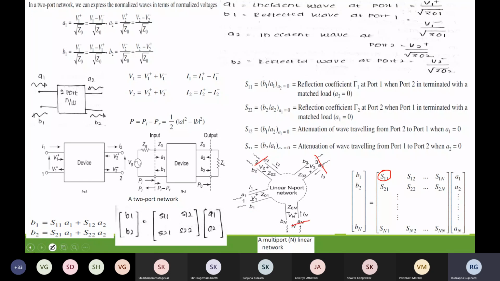All the other n-1 ports have to be terminated, and then you obtain these parameters. S22 is again associated with the reflection coefficient at port 2. Similarly, if I continue and observe SNN, which is at port n, it gives you the reflection coefficient parameter at port n.